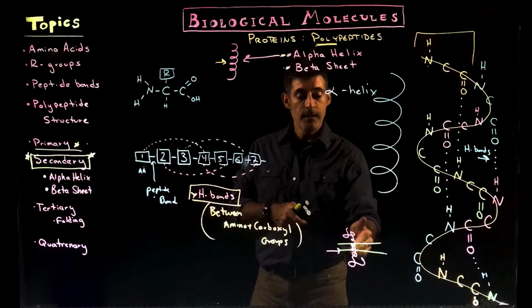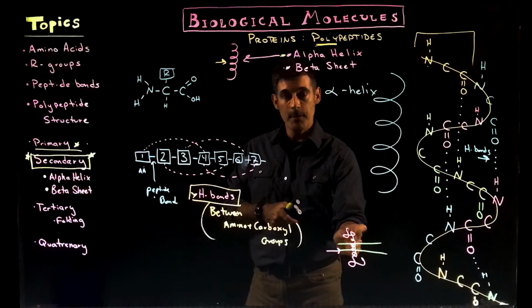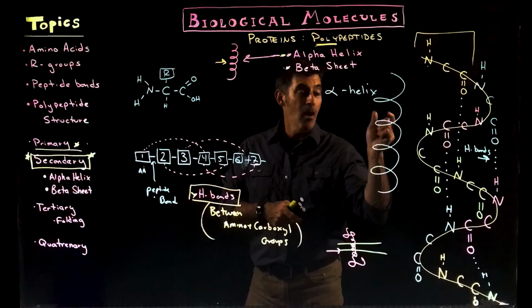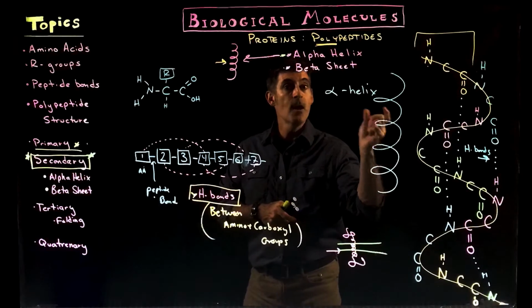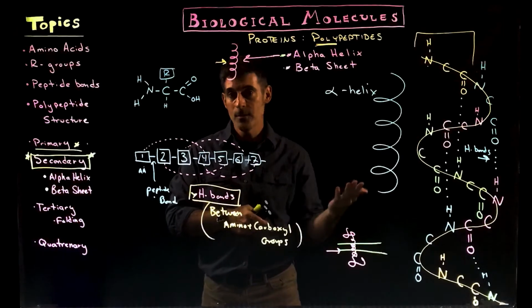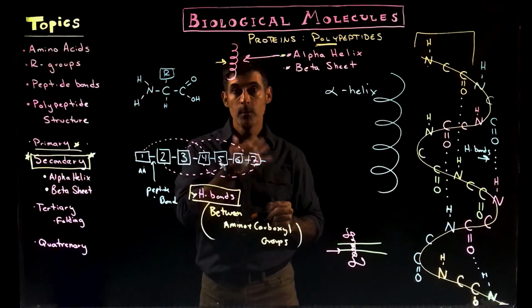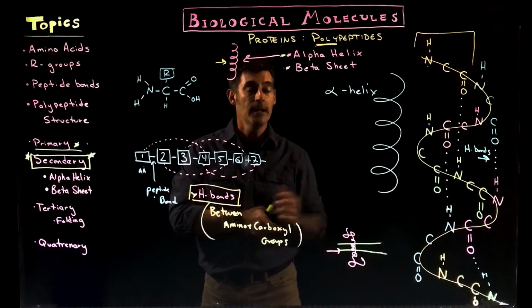If we had amino acids embedded within a lipid bilayer, most likely their R groups are going to be those nonpolar R groups. So sticking off of those central carbons will be those nonpolar sections, which will mix in with the fatty acid tails, if you remember, which are all carbons and hydrogens and nonpolar.